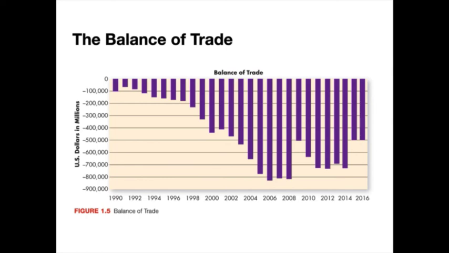We just love to have that stuff. And so our balance of trade reflects more the fact that we are a consumer nation with huge appetites and a fair amount of disposable income per capita to buy a bunch of imported stuff in addition to the stuff that we make and produce domestically. However, the balance of trade is a reflection of overall national productivity.